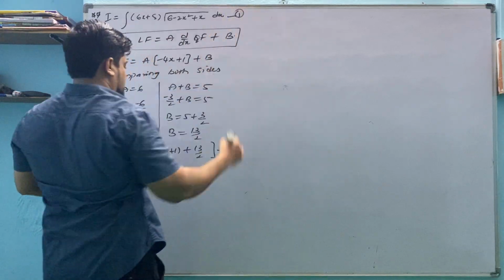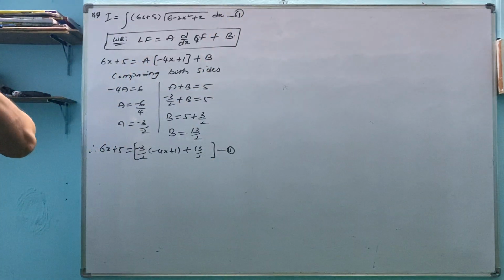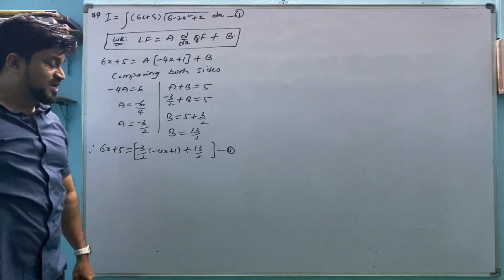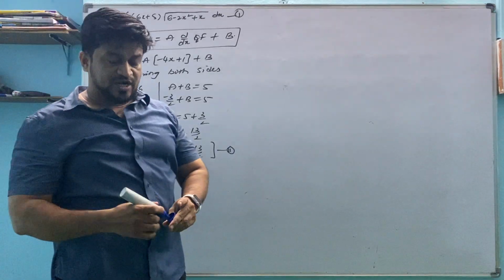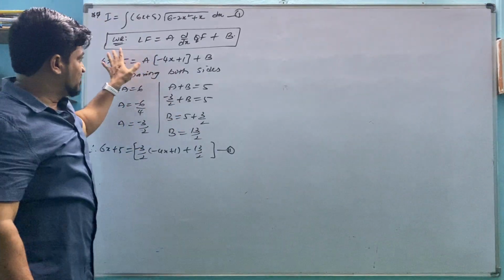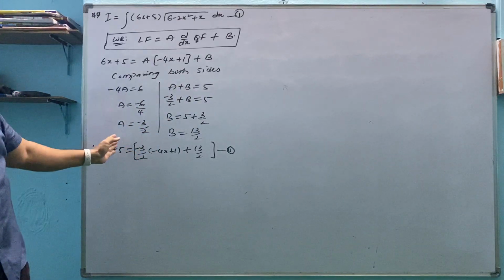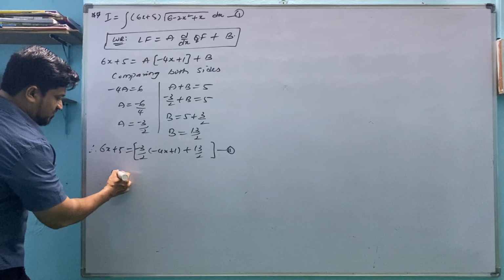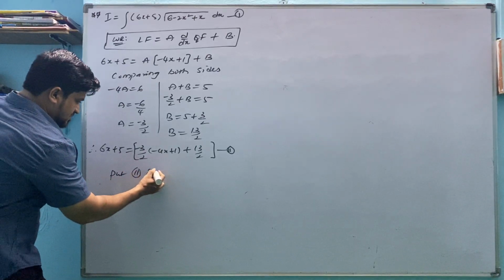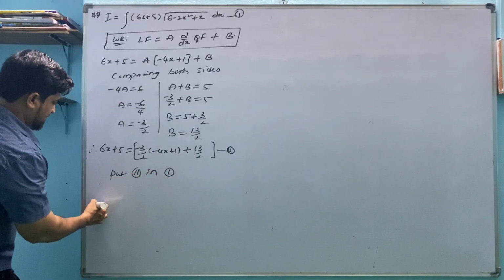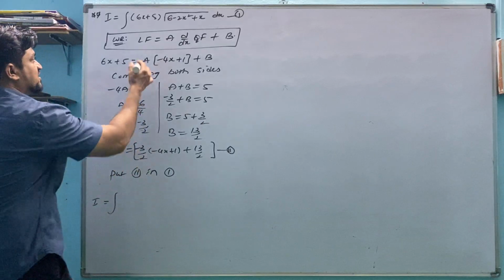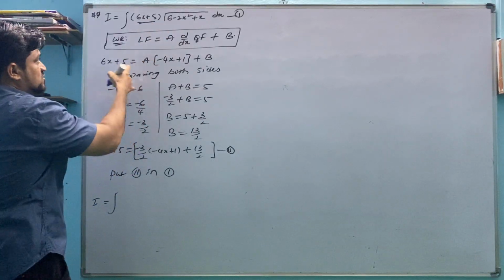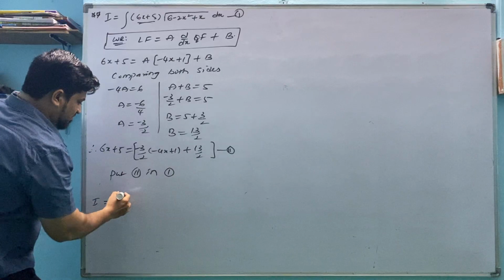This is equation 1. So what we have done: we have taken linear function equals a into d by dx of quadratic function plus b. Then we have simplified, equated, found the a and b values, and substituted in this second one. Put second in 1. So this I becomes, this linear function we have used in the working rule, so whatever the linear function's expanded form, that we should write.